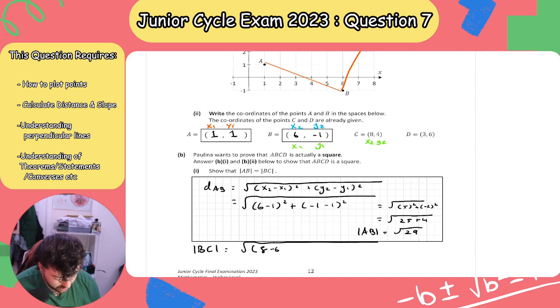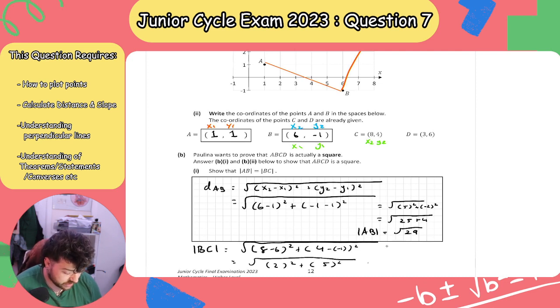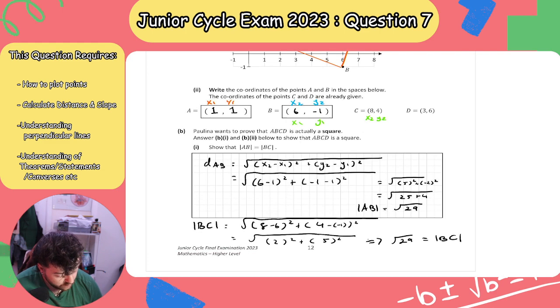It's 8 minus 6, all squared, plus 4 minus minus 1, all squared. It's square root of 2 squared plus 5 squared, because a minus by a minus is a plus, so it'll be 4 plus 25, which in turn equals root 29 as well. So we have indeed proven that AB is equal to BC because they're both equal to root 29.